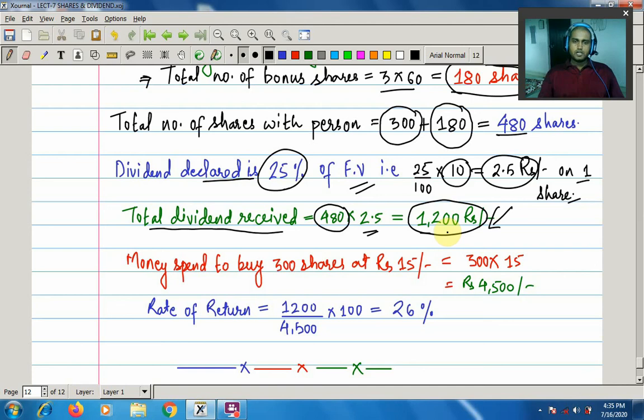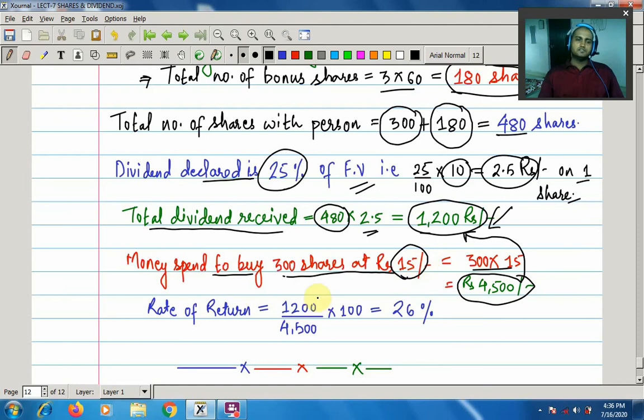But how much money he spent to buy those 300 shares? So money spent to buy 300 shares, and what was the cost of one share? Rupees 15. So 300 into 15. So he spent 4,500 from his pocket and gets this profit.